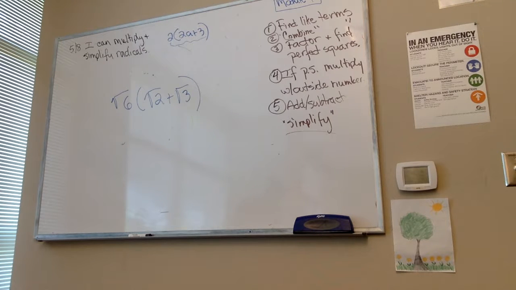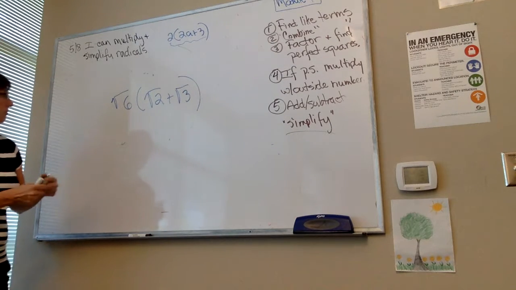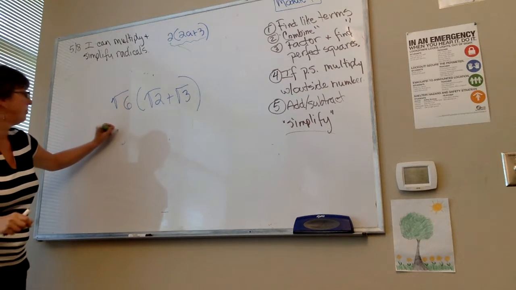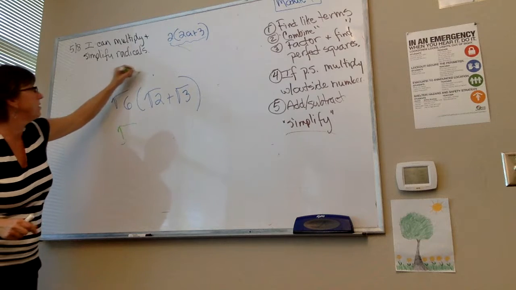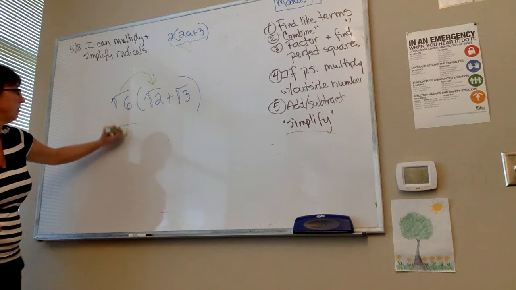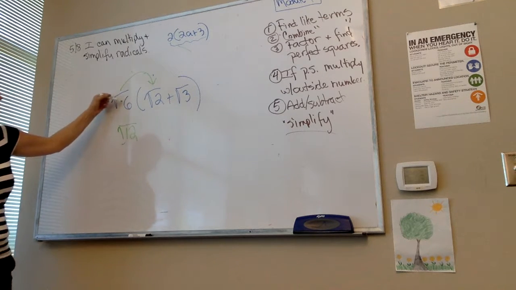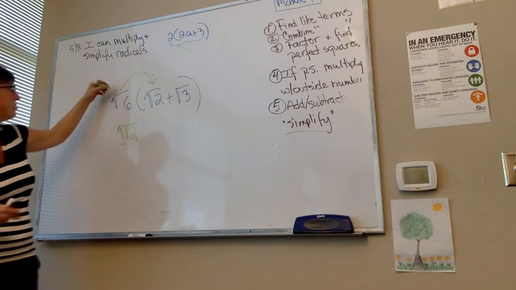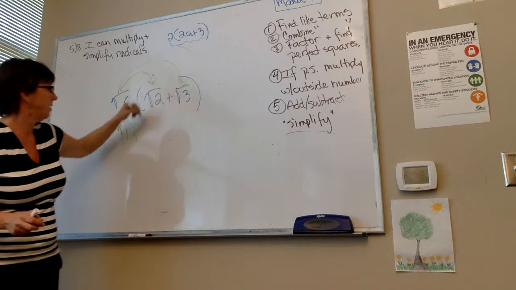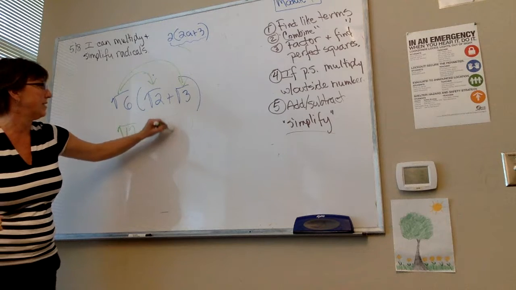Okay, go ahead and factor the 18. So I'm seeing you guys are making great progress. So square root of 6 times 2 is the square root of 12 plus the square root of 18.